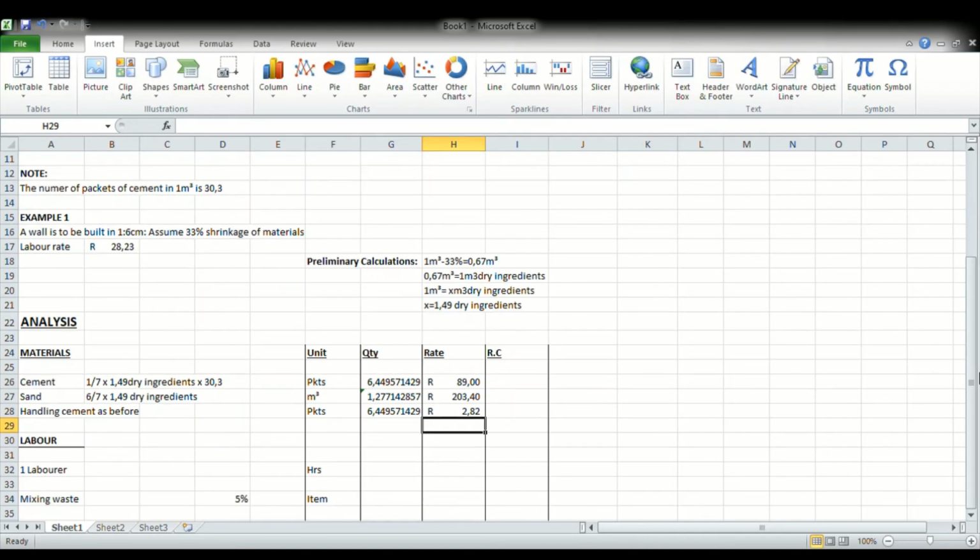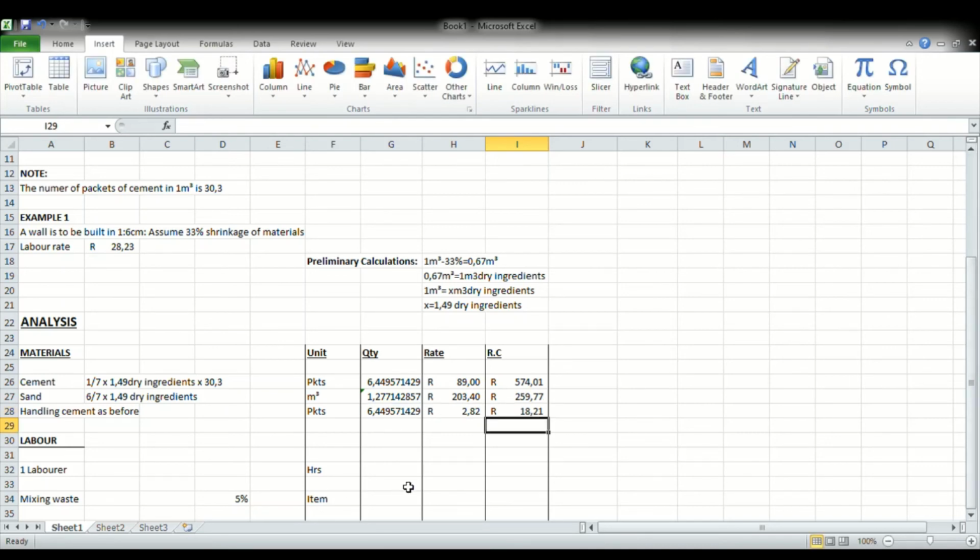Now to get the total costs, that is equal to that multiplied by this, which gives us that. We have that multiplied by this, which gives us that. We'll have that multiplied by that, which gives us 1821.